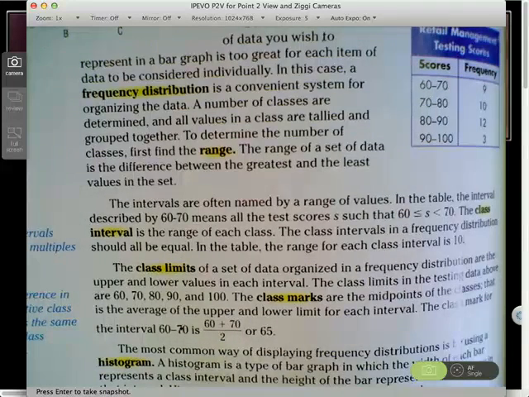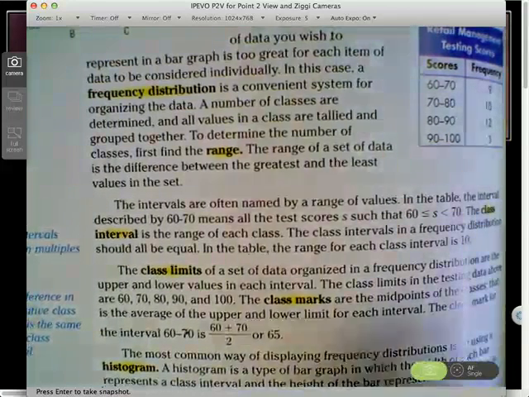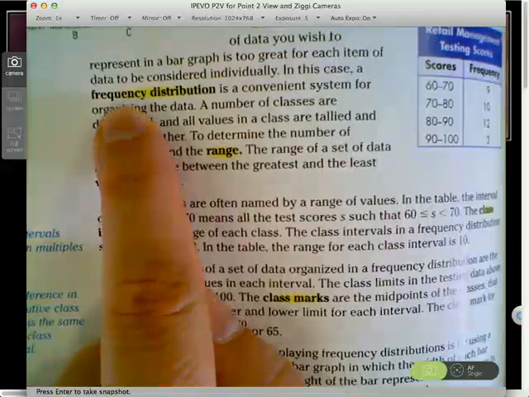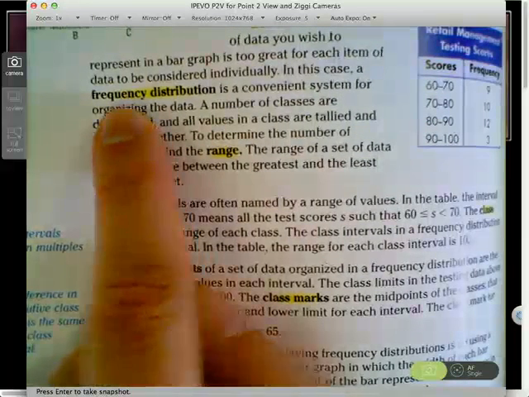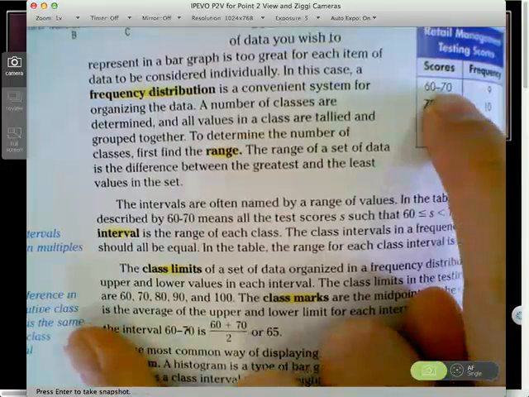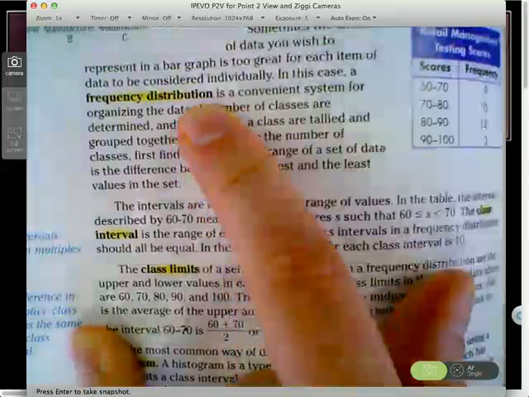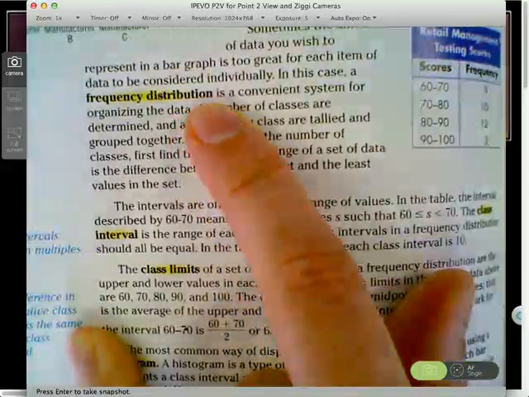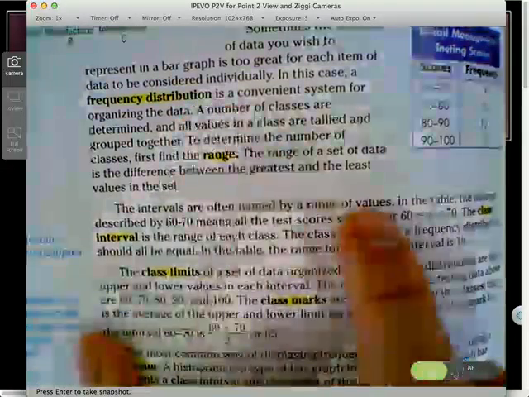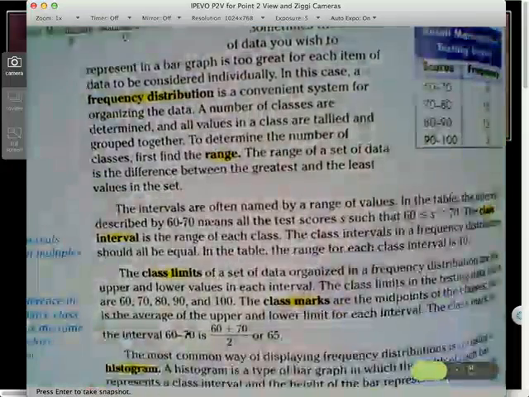And if I'm doing a proper frequency distribution, think about the word frequency: how frequently your data lands in this category. And distribution: I'm distributing my data into these separate categories and finding out how frequently my data lands in those specific classes. So the range here is 10.